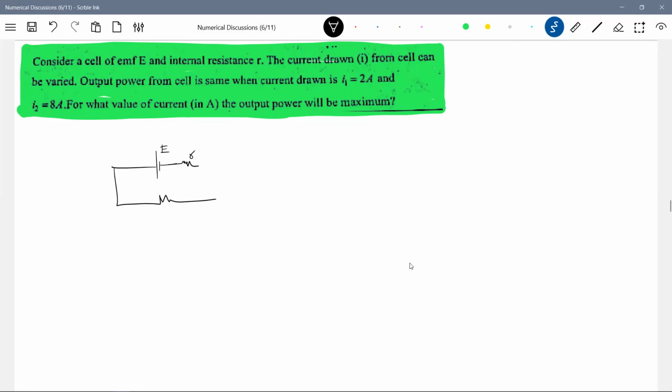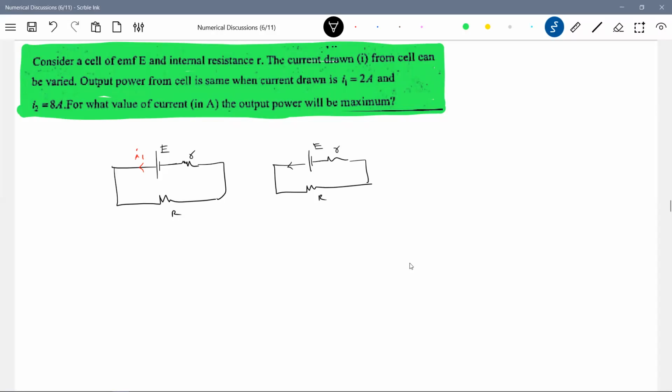I will proceed in this way. The output power drawn from the cell: here first current I1 will flow. In the second situation, for what value of current will the output power be maximum?